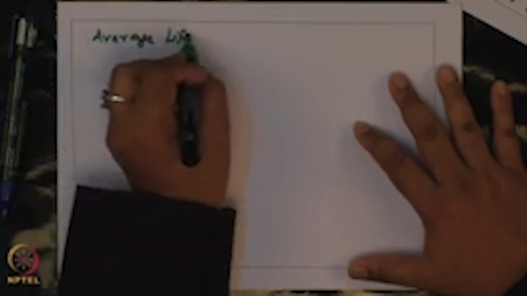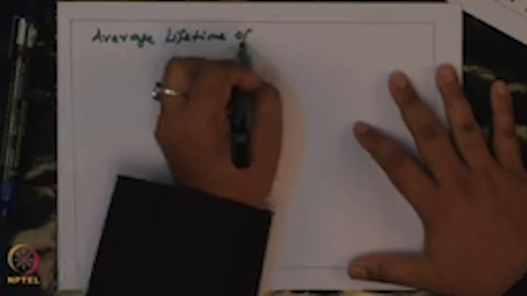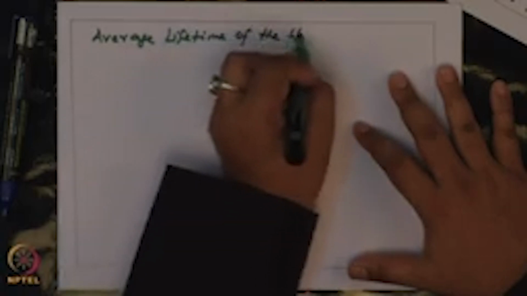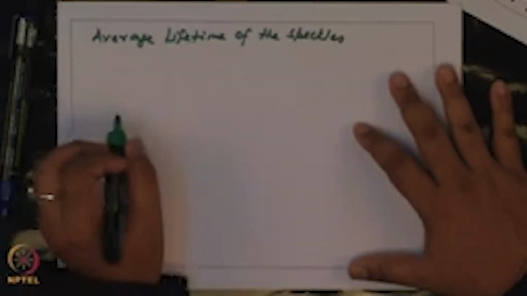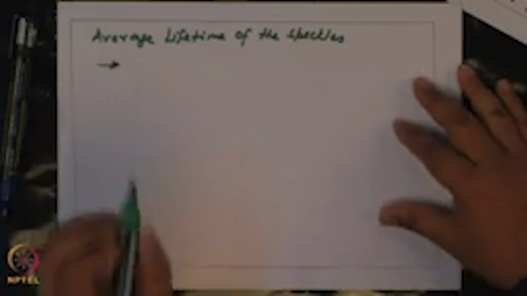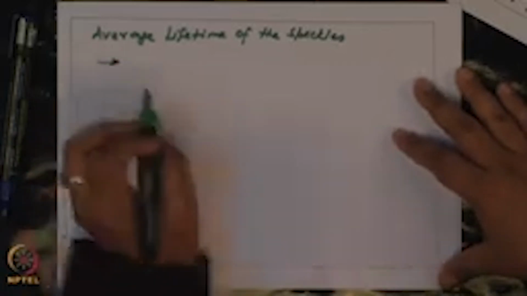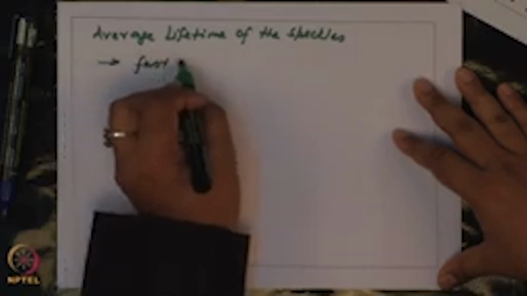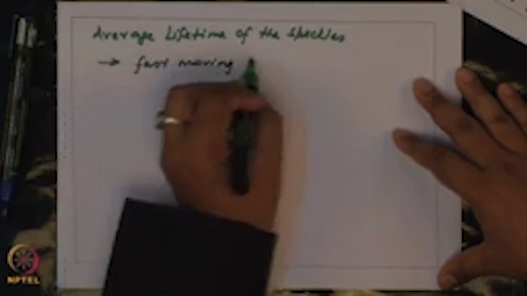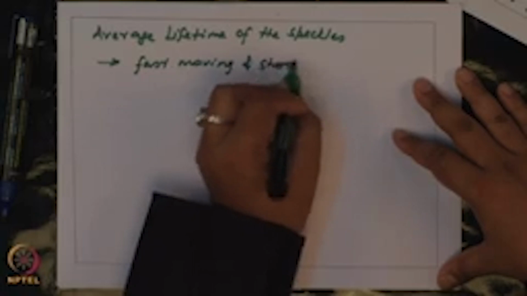To check whether this is true, they tracked the average lifetime of the speckles. What they found was that there are two classes of speckles. The first is fast moving and short living.